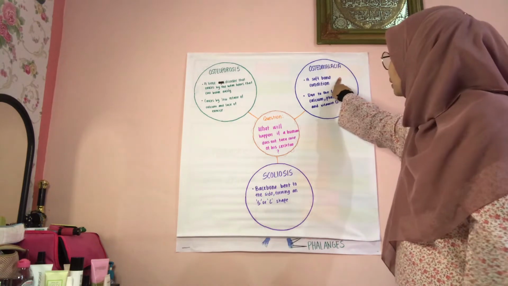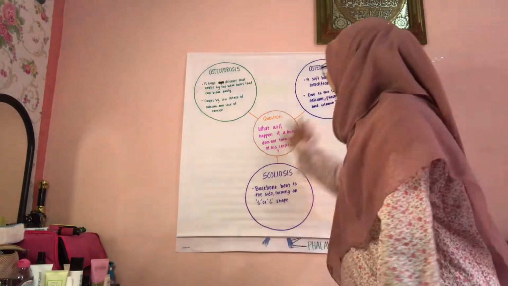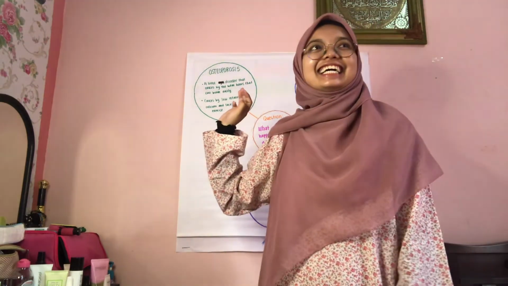And here is the osteomalacia. Osteomalacia is soft bone condition. The leg of the human will become like this. Usually our leg will just straight, right? But the patient like this. I want to show how. Demonstration.